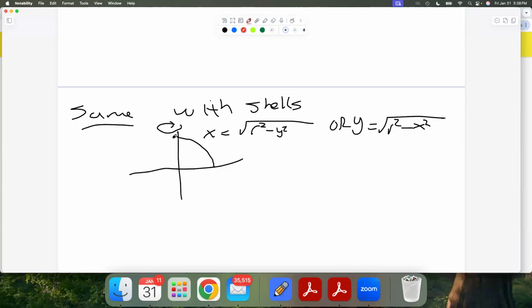All right, so what are we going to get? We're going to get some shape here. I kind of already drew this out. It looks something like this. All right, let's draw in a cylindrical shell.